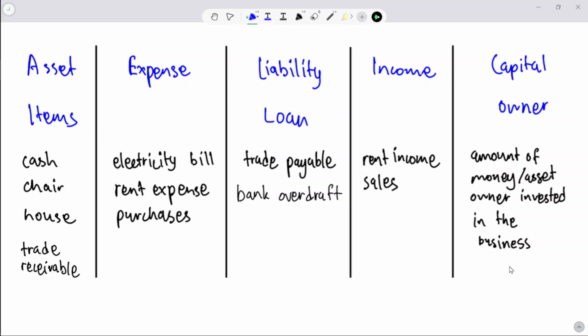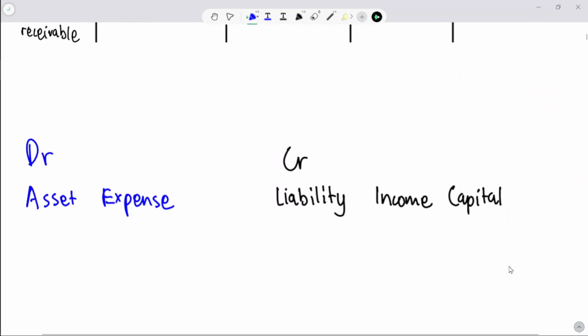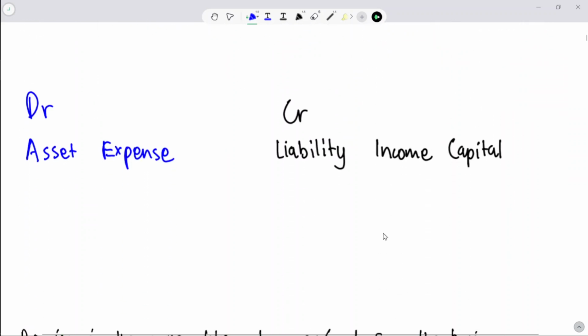Now let's go to the next item. For asset and expense, we debit. For liability, income, and capital, we credit.